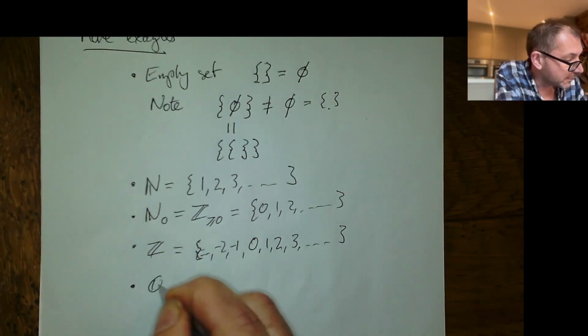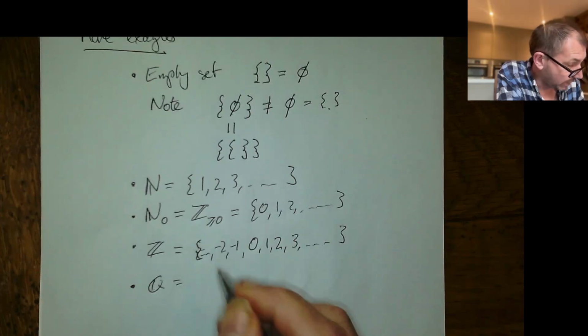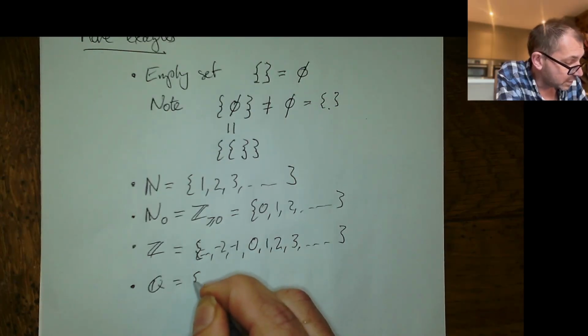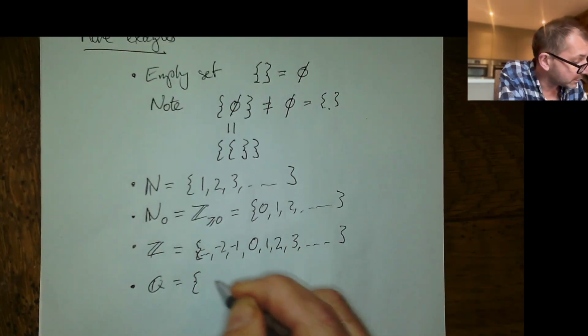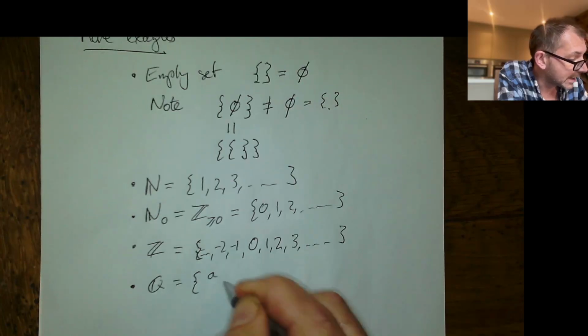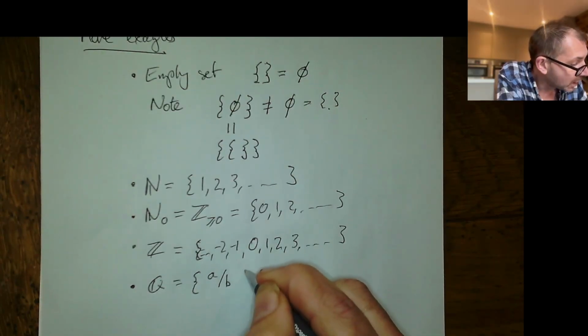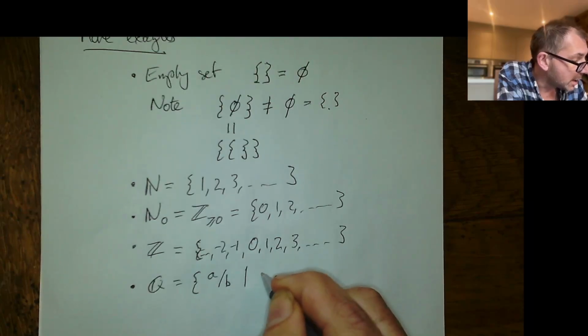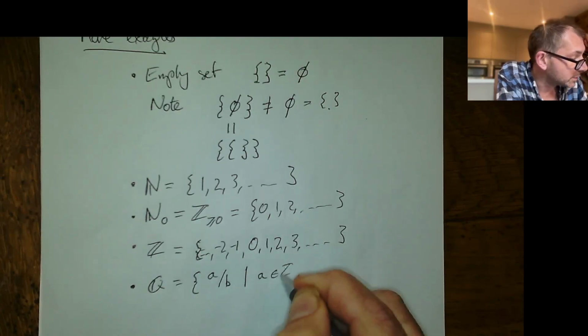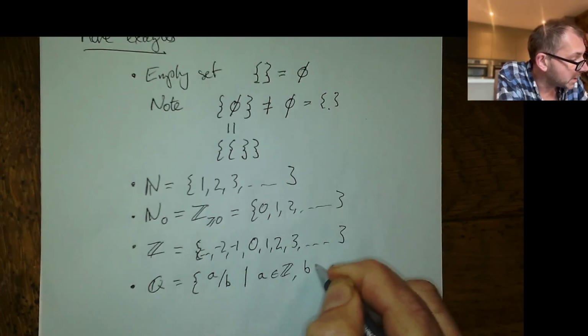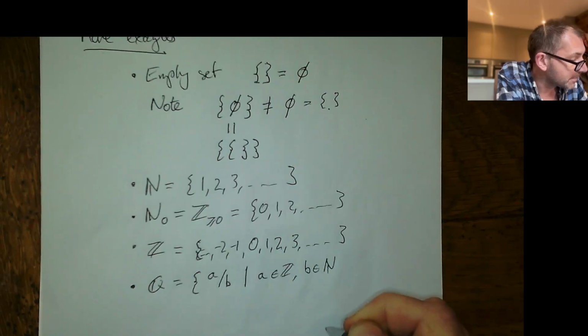We also have the rational numbers. So these I'm going to give in a sort of predicate form. I'm going to say that they are the fractions a over b, such that a is an integer and b is a natural number.